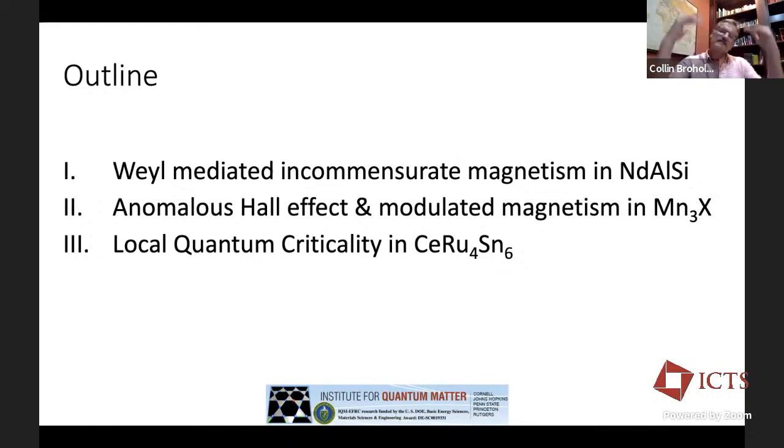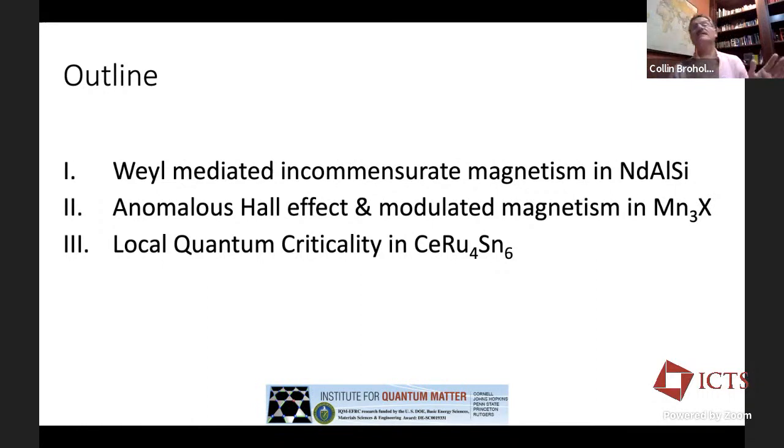In the talk I'm going to progress from a situation in neodymium aluminum silicon, where we have fairly well-defined 4f electrons, local moments, whose interactions are mediated by Weyl fermions. This is a compound where we know from the structure that it breaks inversion symmetry.